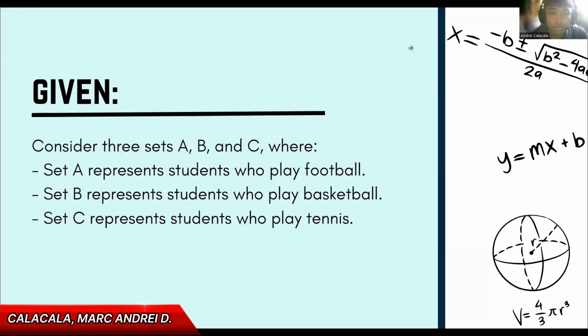Hey everyone, we're going to discuss a Venn diagram problem. So let's begin. Consider 3 sets A, B, and C, where set A represents students who play football, set B represents students who play basketball, and set C represents students who play tennis.